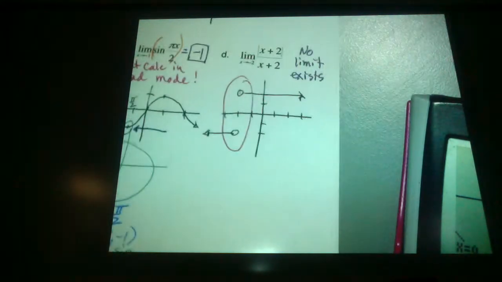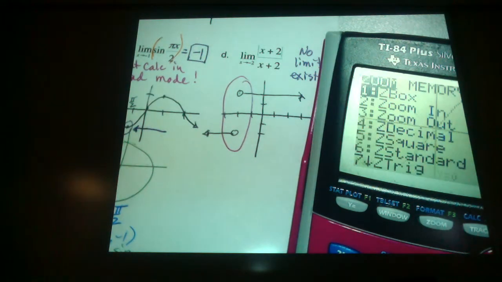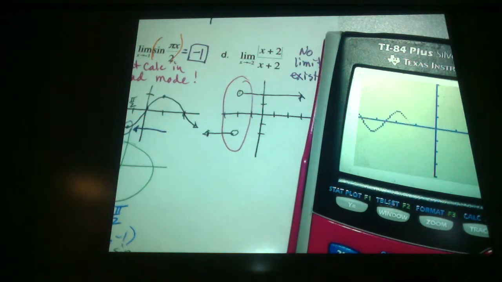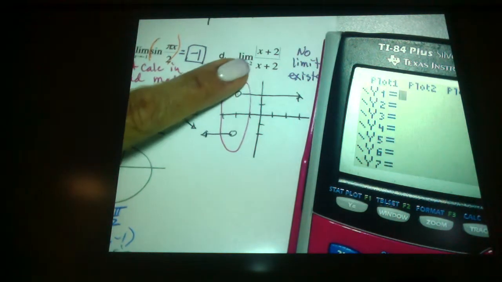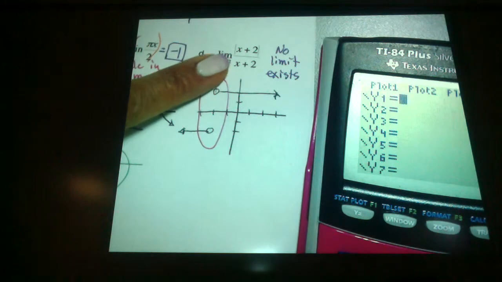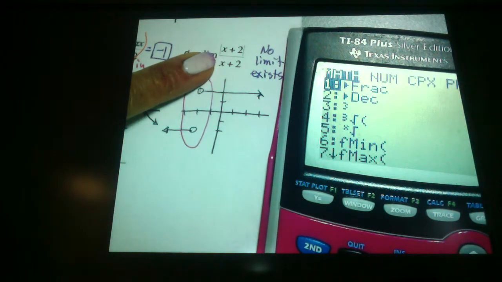So on the next one, if I just keep my calculator in radians, I'm going to go back to zoom out. And then we're going to go to y equals. Take that out. This time I have absolute value. Where's the absolute value found? Math button, right? And then where on there?